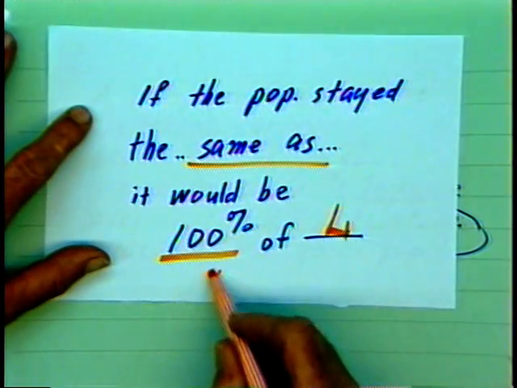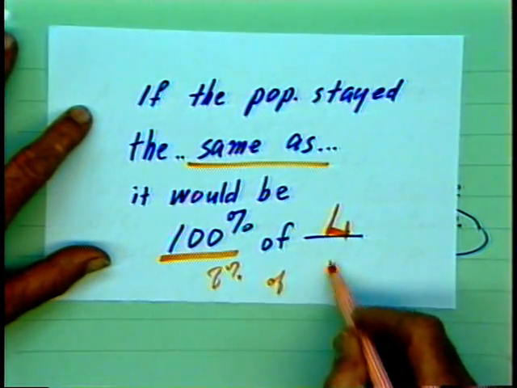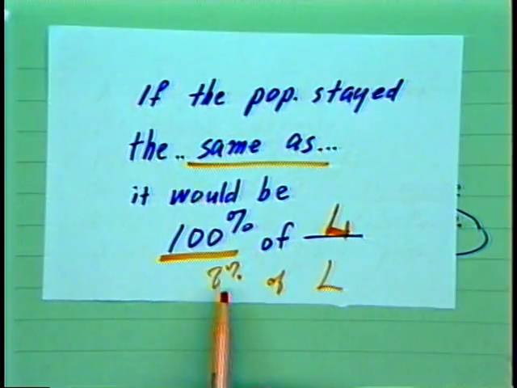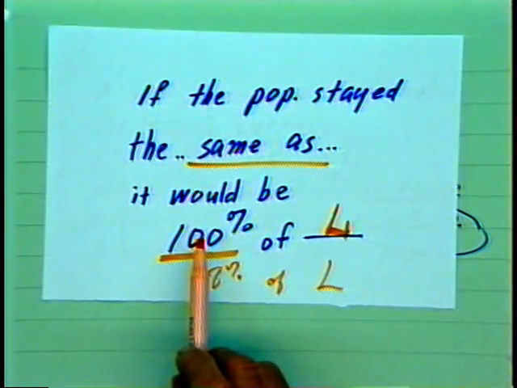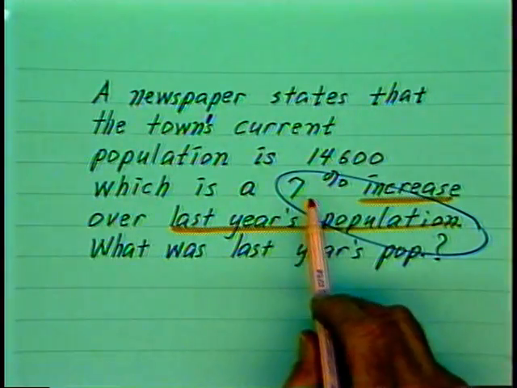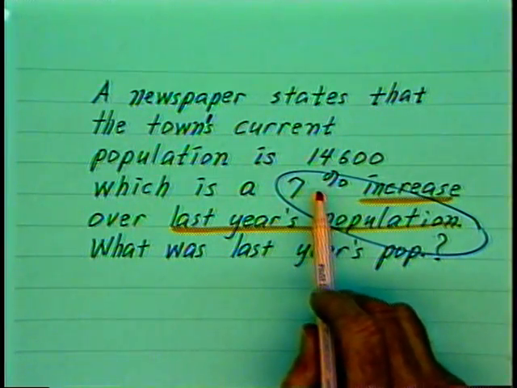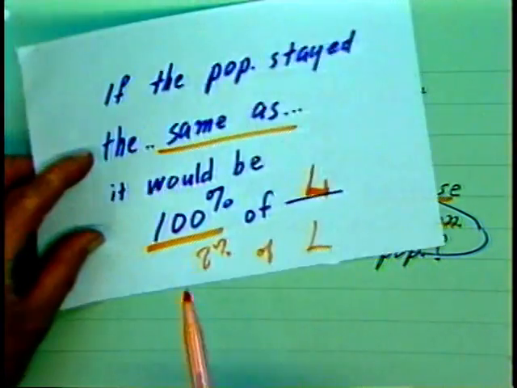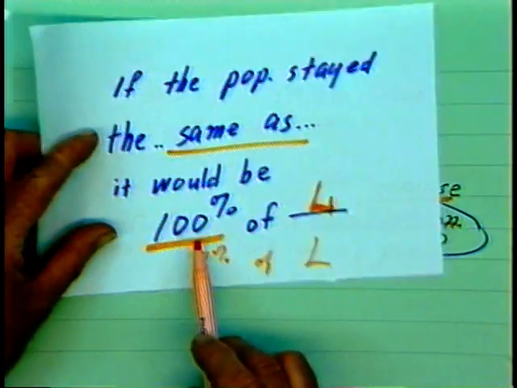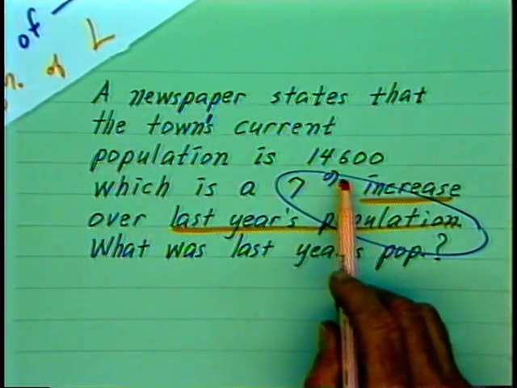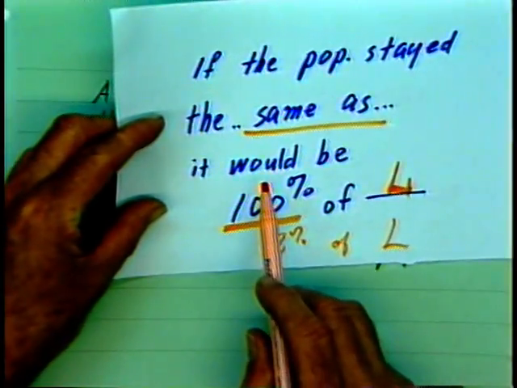If we had said 8% of, then this is certainly a great deal less, isn't it? But this says I want to increase. So it's going to have to increase above 100%. It's going to increase 7% above 100%.